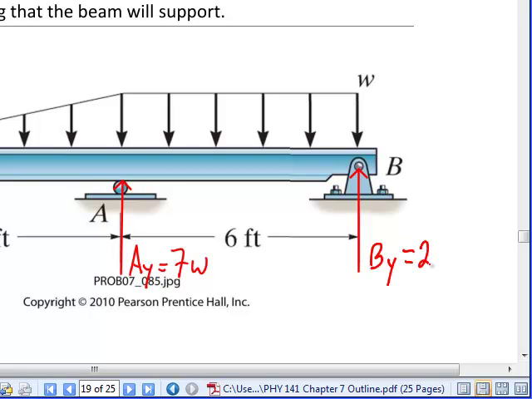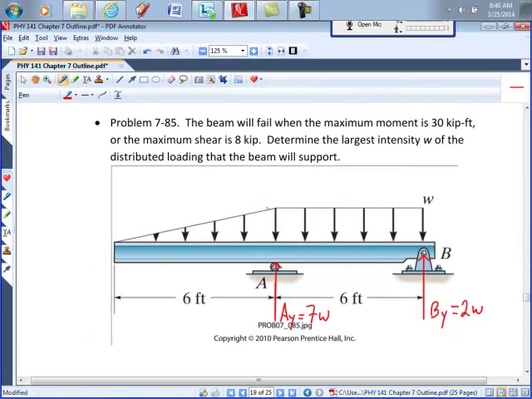BY equals 2W. All right, so if we're going to do the shear and moment diagrams, first we're going to want to write the equations of this distributed load, because the area under this distributed load is going to give us our shear diagram. What's the equation of this straight line?